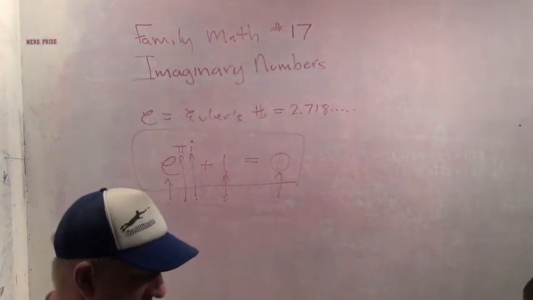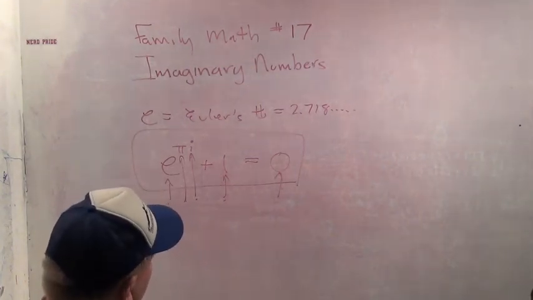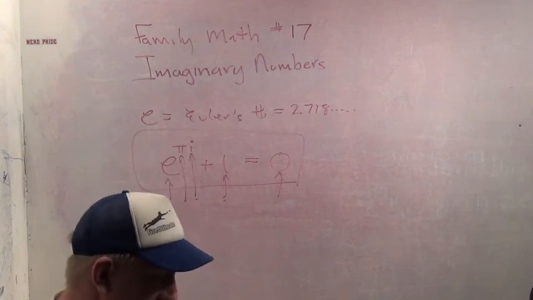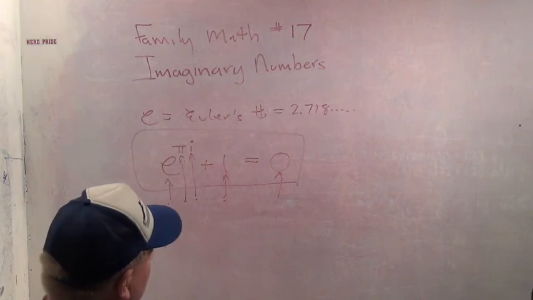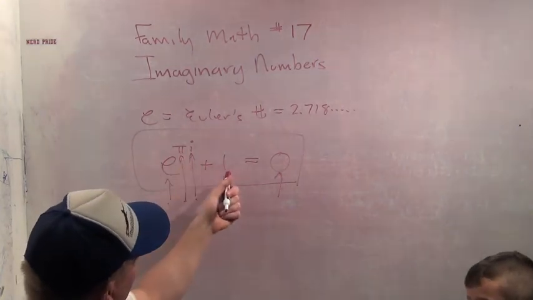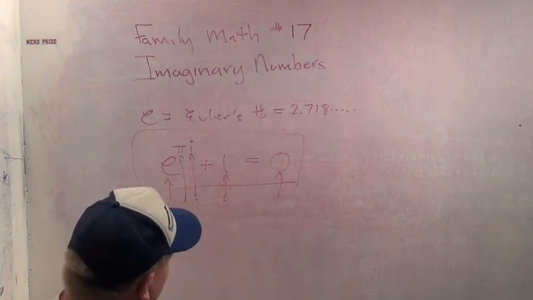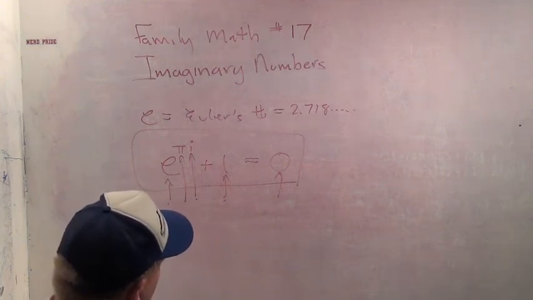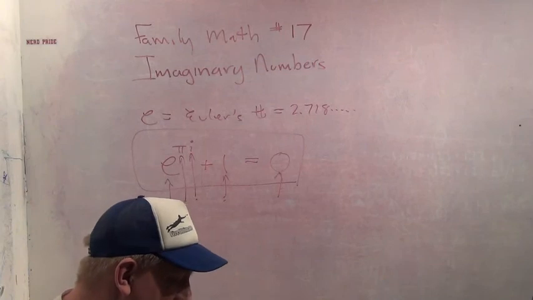Can you believe that? And they're all together in one equation. Do you know what that means? It's awesome. But it means they're all friends with each other. They're all related to each other in this amazing way.